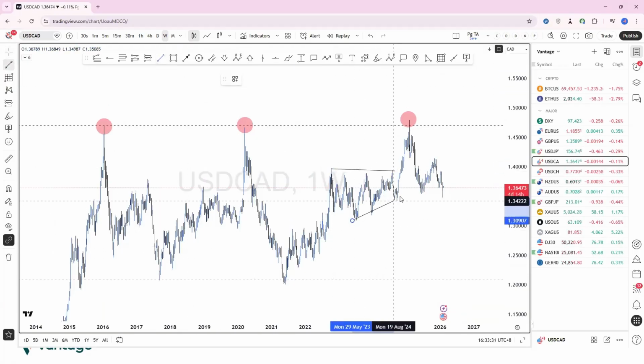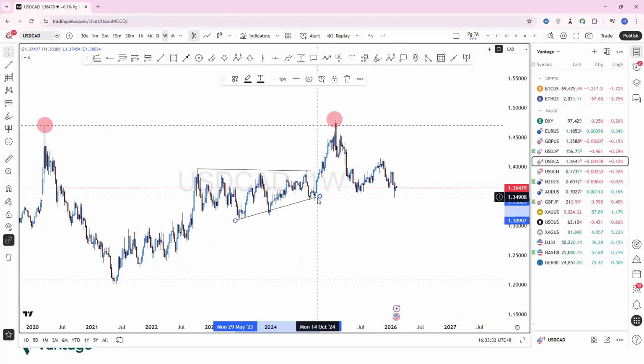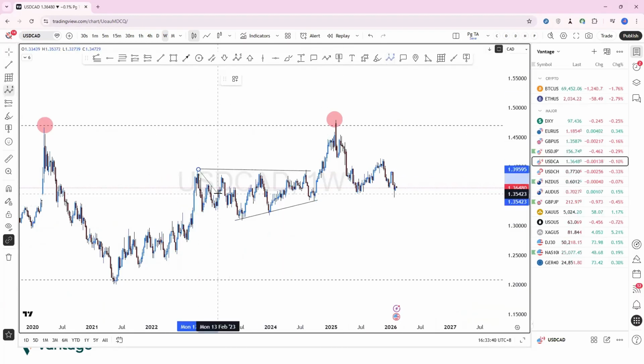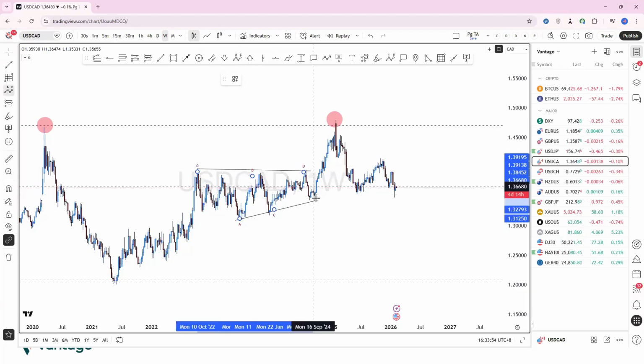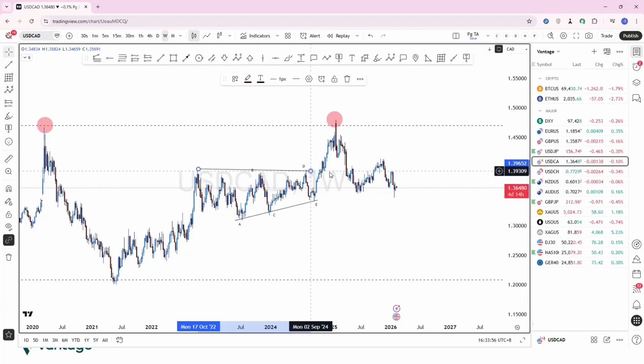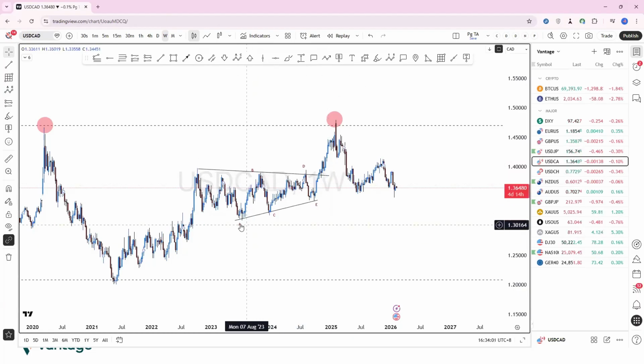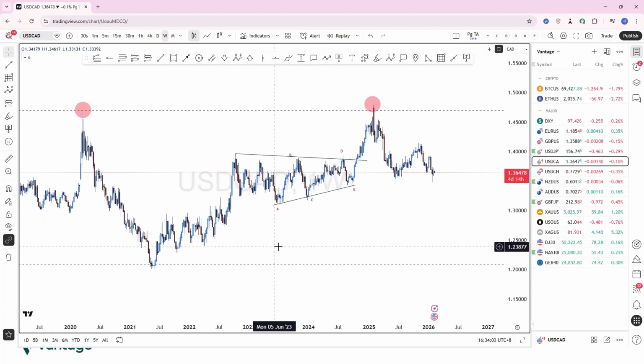And then you can see the triangle. You want to count A, B, C, D, E, and then the breakout.